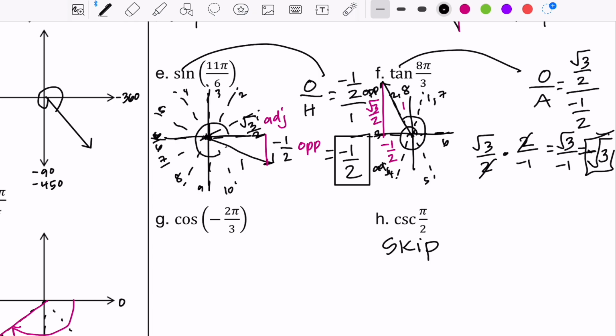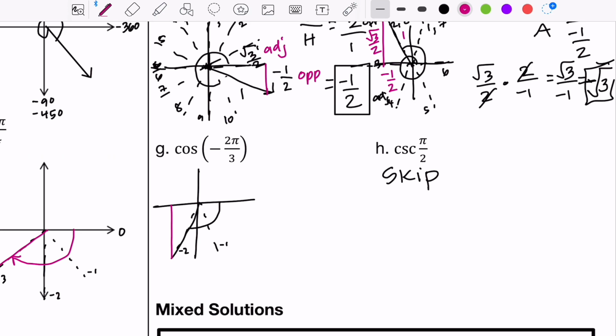And for our last one, we have cosine of -2 pi over 3. So we're going to go in the negative direction. So that's -1, and over here is -2. So we get that. We connect it to the x-axis. So that gives me the sides of -1/2 because I went to the left, and root 3 over 2 because I went down. That's 1. This is going to be adjacent, and this is going to be opposite.